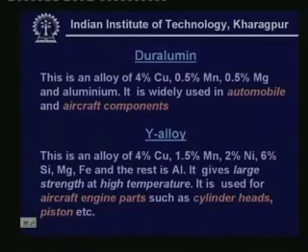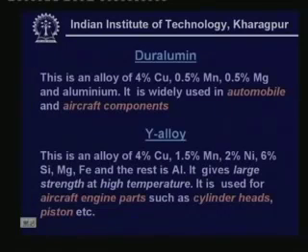It is widely used in automobile and aircraft components, which are based on aluminium products because they have to be lesser in weight for a better design, considering the type of applications.